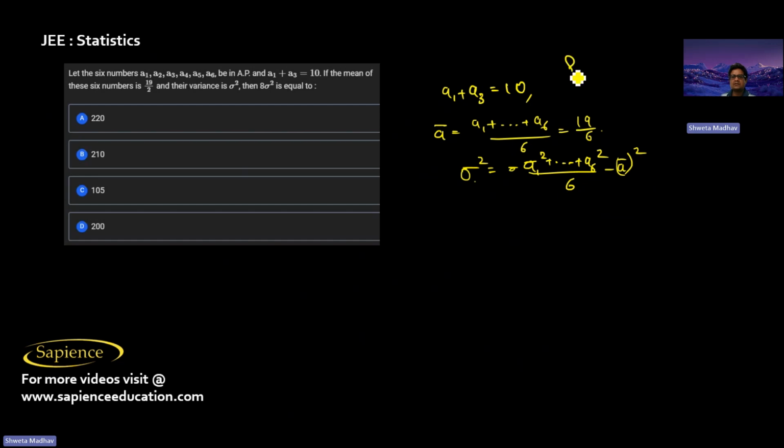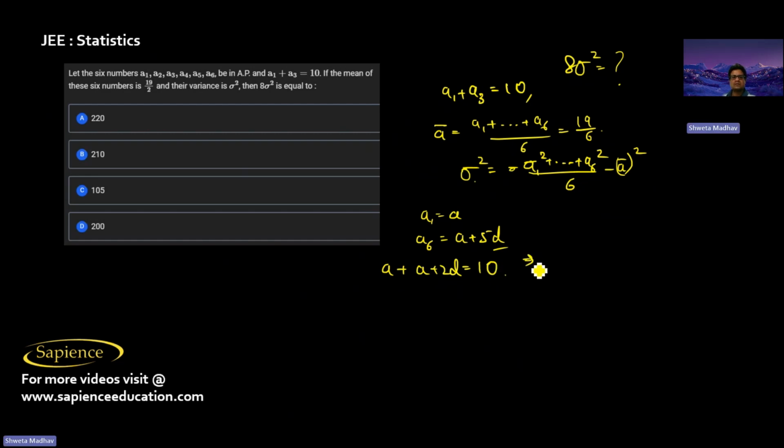And then 8 sigma square will be made of. Now they are in AP. So if I take A1 as A, then A6 will be A plus 5D, where D is the common difference. Then A1 plus A3, A plus A plus 2D, is equal to 10.